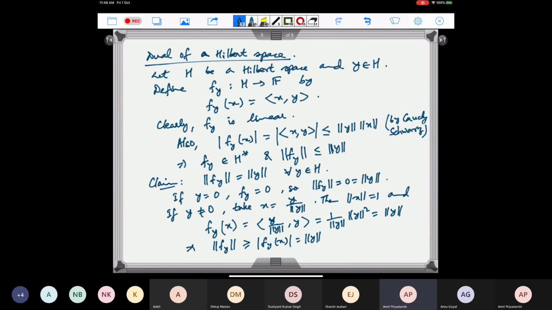Right, so this y going to F_y, this is an isometry from H to H star.